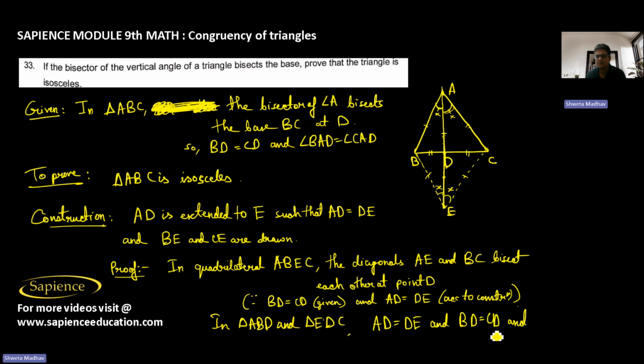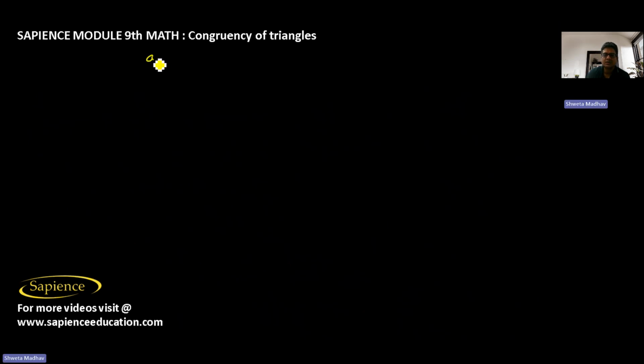And the vertically opposite angles are equal. It means that angle ADB is equal to angle EDC. These vertically opposite angles are equal.